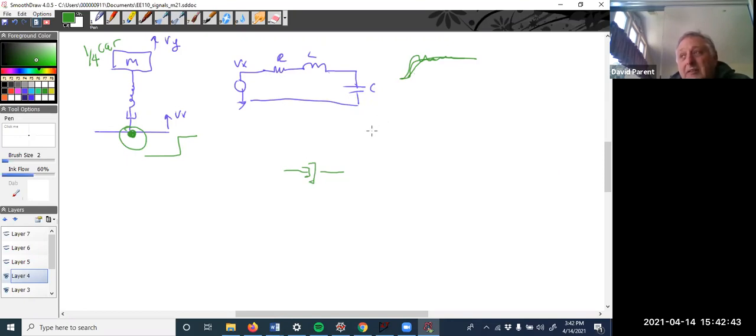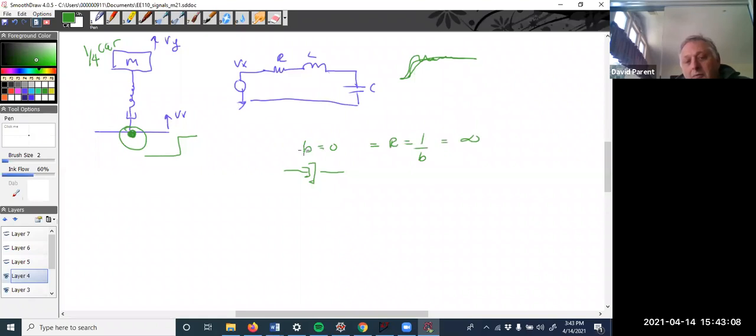So the bigger the resistance, the less current flows. But in the spring constant, it's more like admittance. How easy does it flow, right? So if B equaled 0, nothing flows, right? The resistance goes to infinity, right?